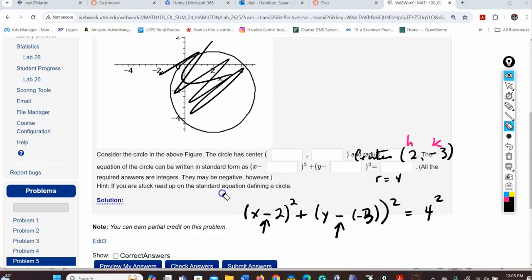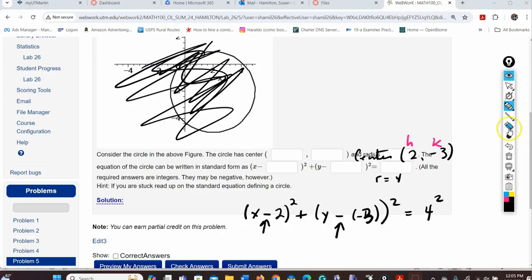So again, the center was 2, -3, and the radius was 4, is how we would fill it in. And then they want these minus signs to stay there. So I had x minus 2, all squared, and y minus k, okay, equals r squared, which is 16.